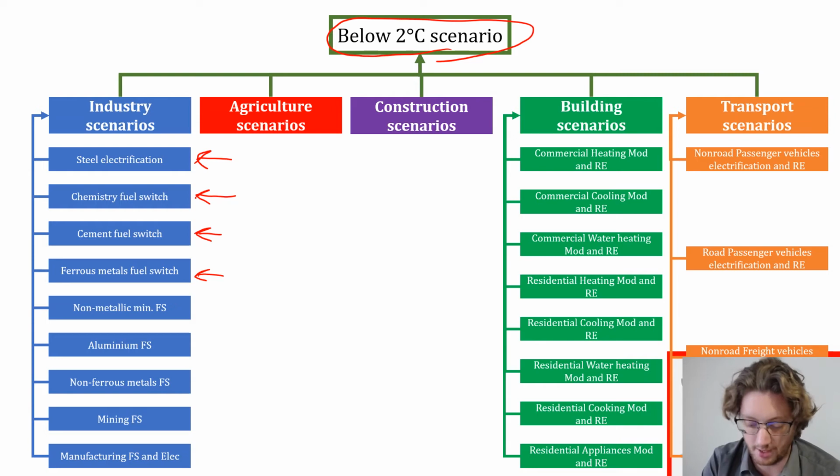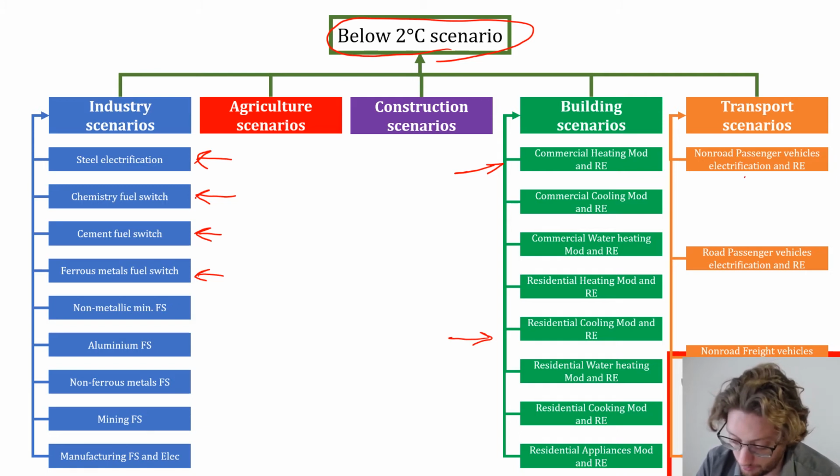I haven't done anything with agriculture and construction in this case, but here I have my building scenarios. I have my commercial buildings, which will use some different heating. I have some residential cooling method that will be more effective maybe. I have some transport non-road that will be used more electrified.